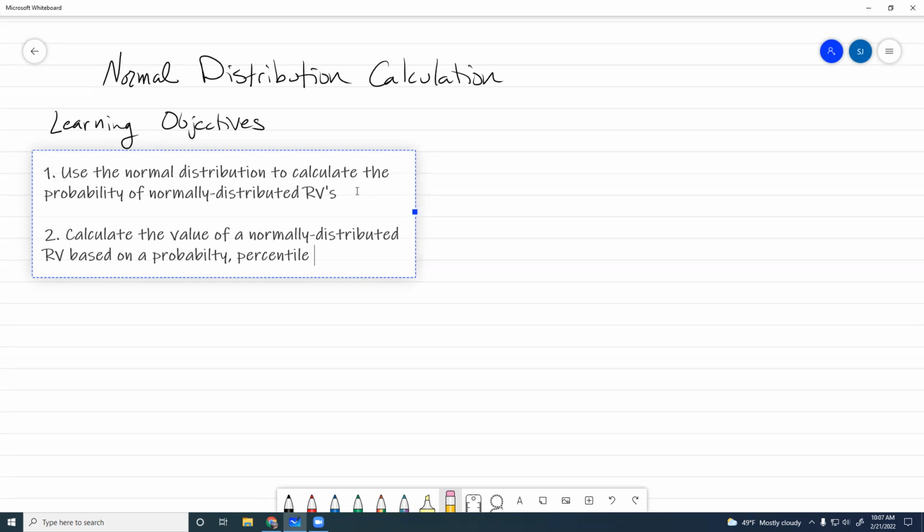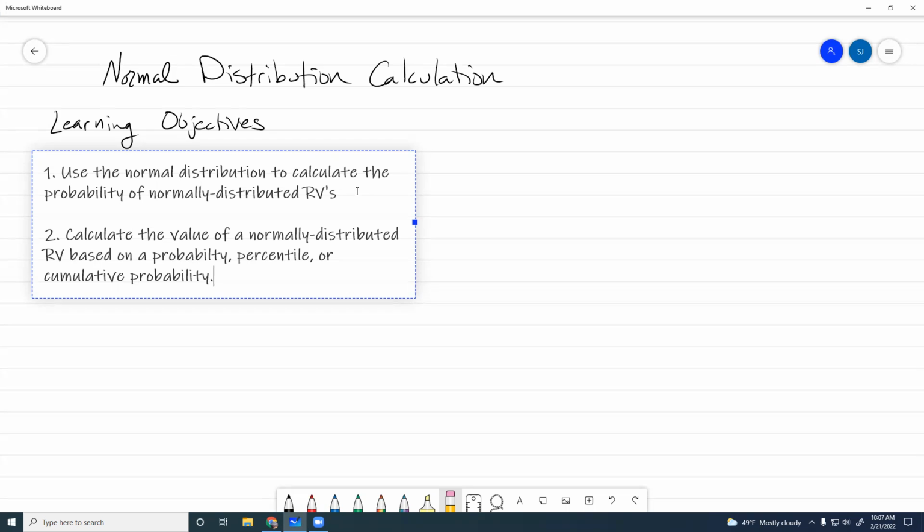Like the 95th percentile, 95% of observations fall below this, or a cumulative probability. So that's kind of the inverse, and we'll talk about how to do that, of course.